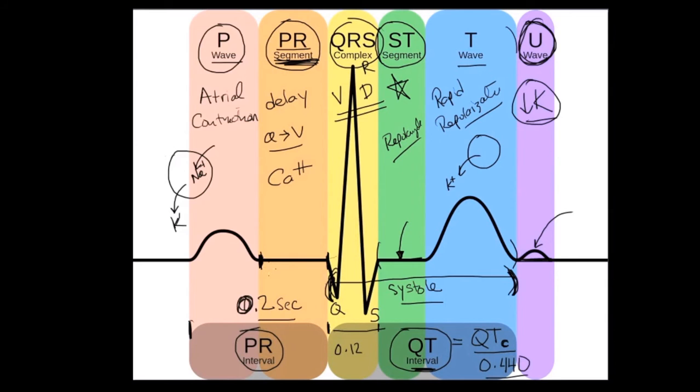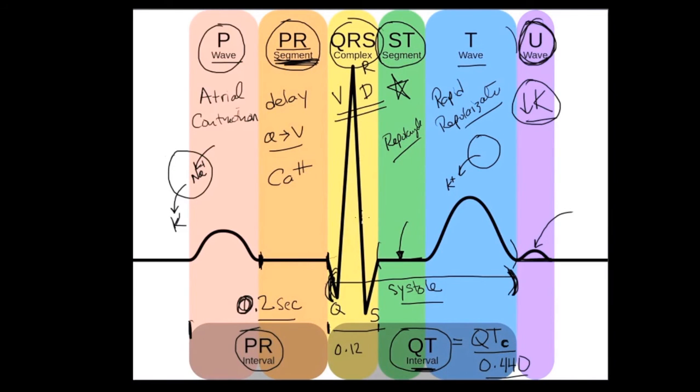Okay? Now, this distance of the PR segment here is how long of a delay there is between atrial and ventricular contraction. The longer the delay, up to a certain point, the more blood you can get into the ventricle. If there is not much delay, you're going to have ventricular contraction while blood is still coming in from the atria.